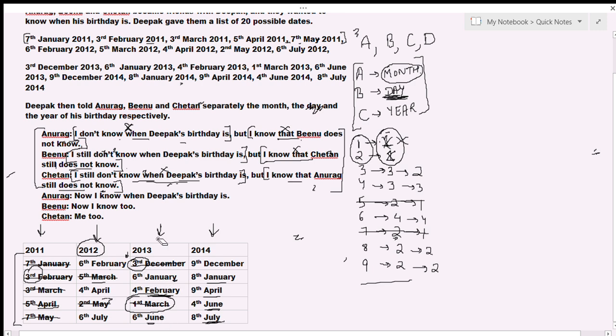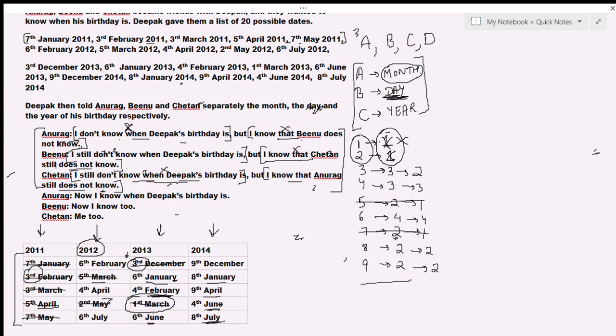So, these parts are still there. Okay, coming back to this. Had the year been 2013, the possibilities for Anurag to be known are January, February and June. Each of these 3 months occurs in one or the other year. So 2013 still cannot be eliminated.